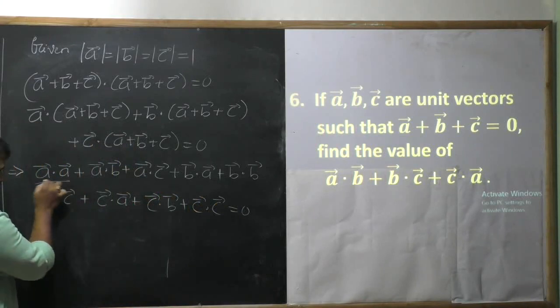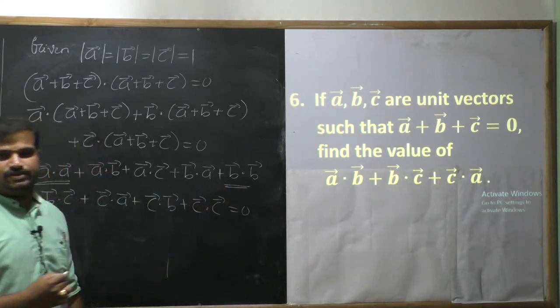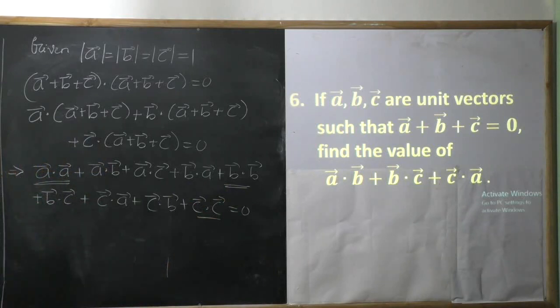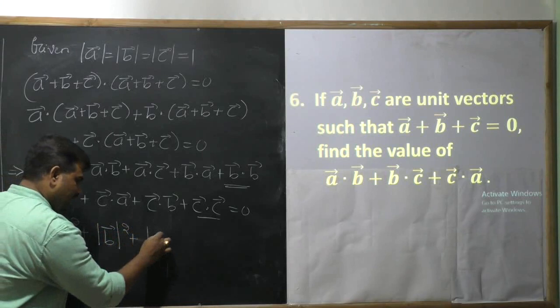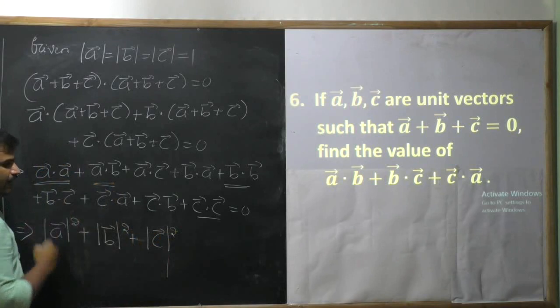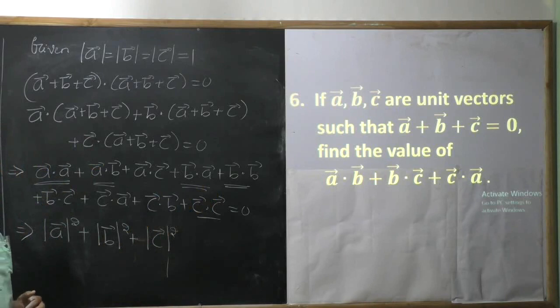So now, what is vector A dot A? It is magnitude of A square. What is B dot B? This is also magnitude of B square, and C dot C is also magnitude of C square. So in the next step, this will become magnitude of vector A square plus magnitude of vector B square plus magnitude of vector C square, and this A dot B and this B dot A can be written as 2 times vector A dot B, because the dot product is commutative.